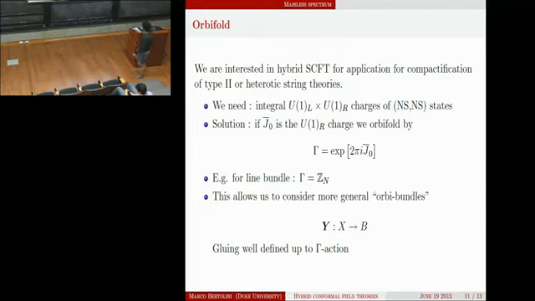For example, if we are given an X that is not technically a vector bundle, but the gluing is defined up to this gamma action, that's still a perfectly well-defined object for what we are going to compute. So we can study, and we did, these more general orbibundles.